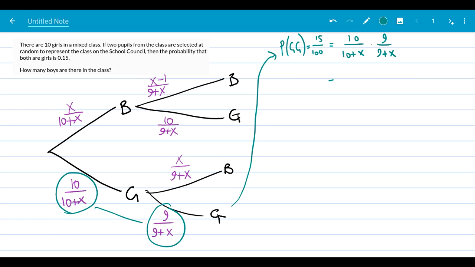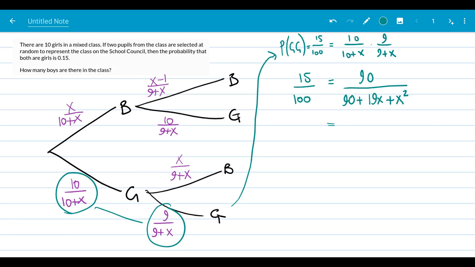So on the left side, we've got 90 over 90 plus, we've got 10 times X and 9 times X. That's going to be 19X plus X squared. And on the right, we've got 15 over 100. So what I'm going to do is I'm going to multiply both sides by both denominators.